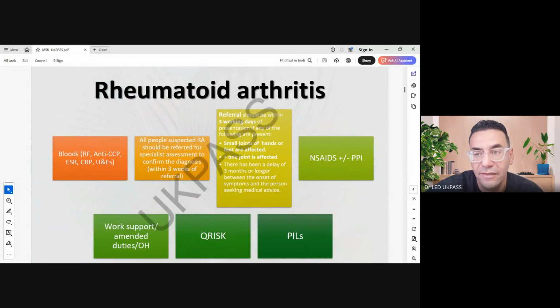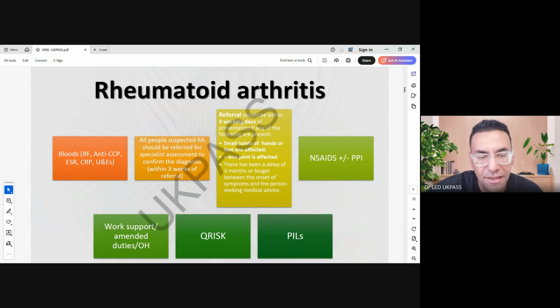Now, rheumatoid arthritis, what to do? Now, another general rule. All of the MSK conditions, listen to me carefully, please, that need blood tests to be done, you should always consider ESR and CRP.